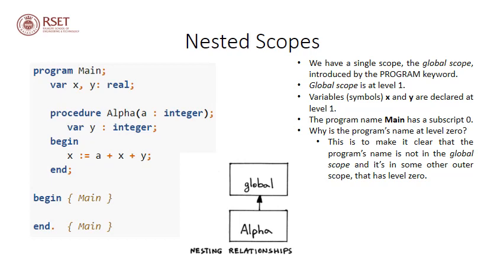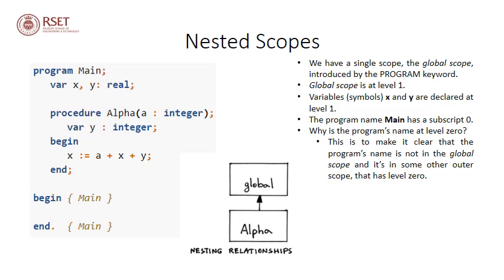If you notice, in the global scope we also have variables x and y, both real. However, in the nested procedure alpha, we have a local variable y. So within alpha, the integer variable y's scope will hide the global real variable y.